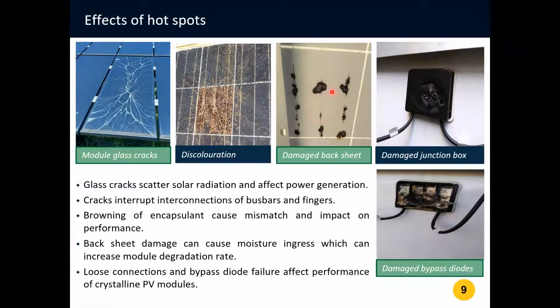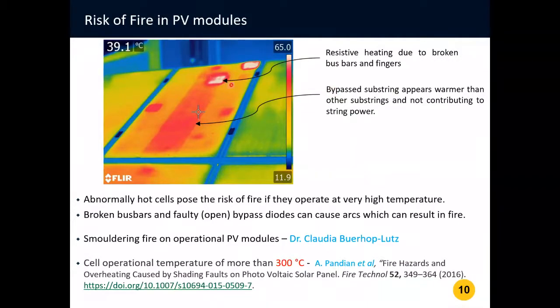If I can also show you, on this image, this is more or less the effect of broken bus bars and fingers, which are causing resistive heating.